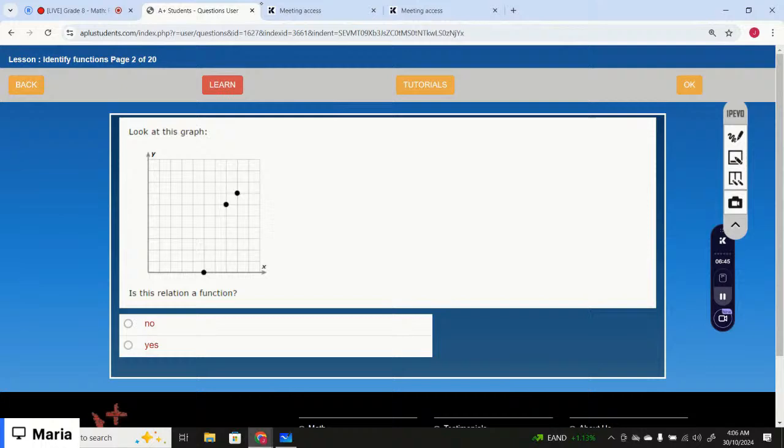Yes or no? The correct option is yes, that is a function.